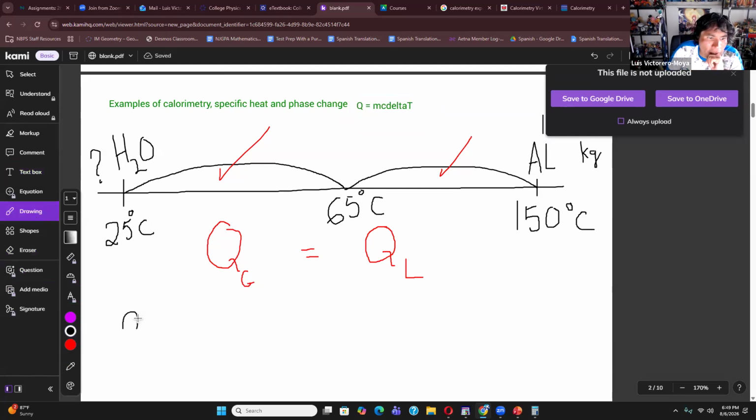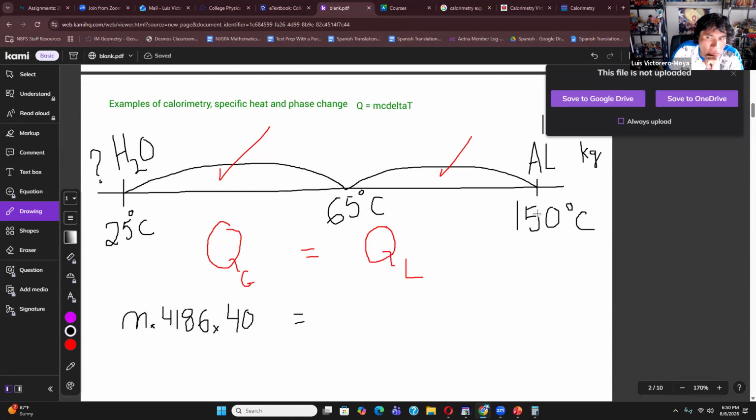So mass of water times the specific heat of water. This number, I want to be honest with you guys, you should memorize it. It's a number like the density of water, a universal number. It's important that you know it. So this times this. Change in temperature, easy. 65 minus 25, 40.